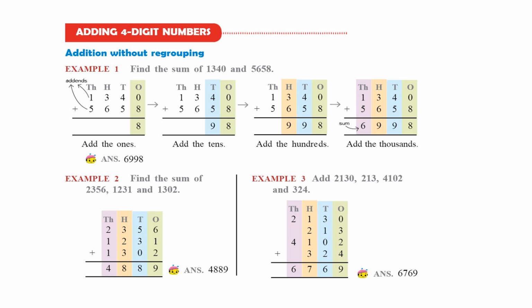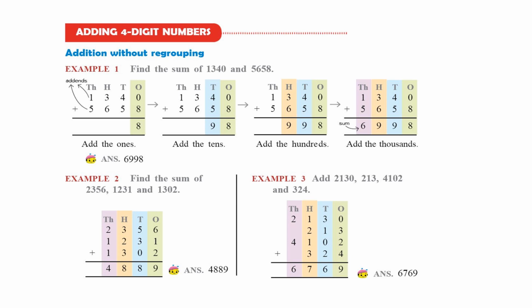Now we move on to hundreds place. There are 3 numbers in hundreds place: 3, 2 and 3 again. First we add 3 and 2. 3 plus 2 is 5. With 5 we have to add 3. So 5 plus 3 is 8. 8 in hundreds place.